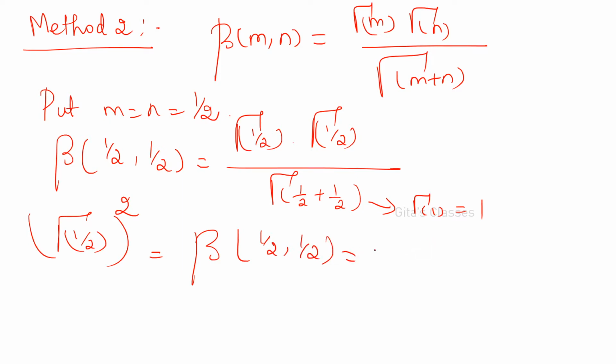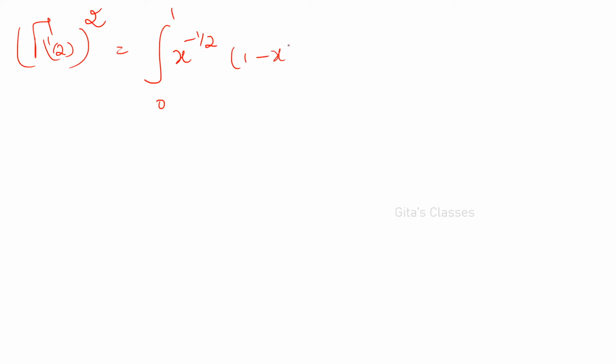What is beta of m comma n definition? So 0 to 1 x power 1 by 2 minus 1 into 1 minus x the whole power 1 by 2 minus 1 into dx, right? So now you make the substitution. So in the left hand side I have gamma of 1 by 2 the whole square, and in the right hand side I have 0 to 1 x power minus 1 by 2 and 1 minus x the whole power minus 1 by 2 into dx.